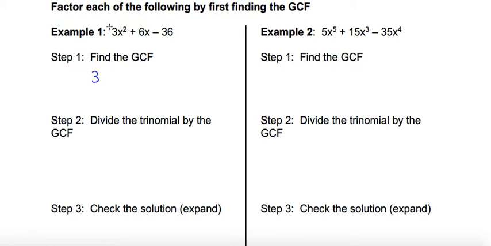The next thing I want to do is divide the trinomial by the greatest common factor. Once I know that 3 will divide evenly into each of these terms, what do I have left over? What we want to do is write our greatest common factor out front.